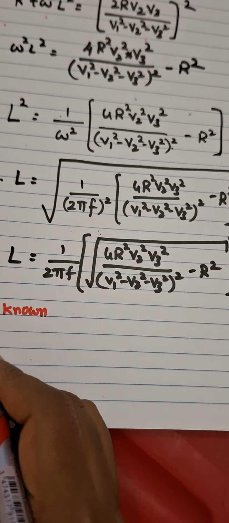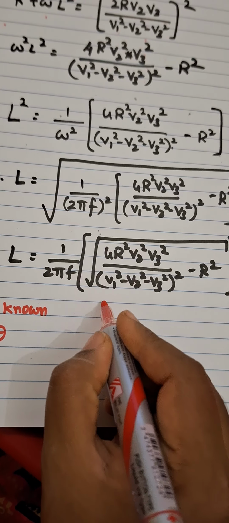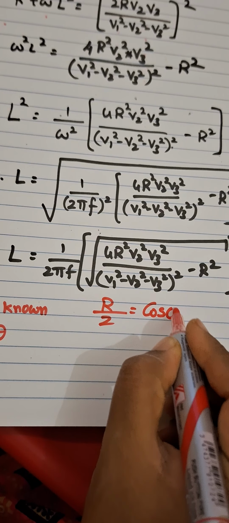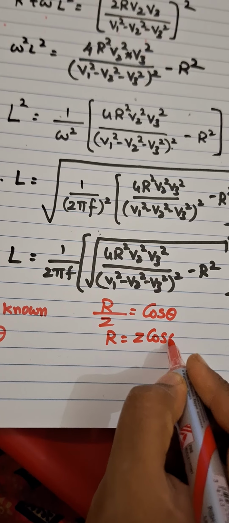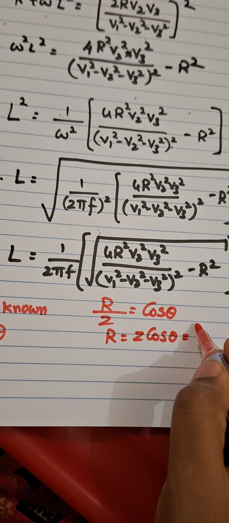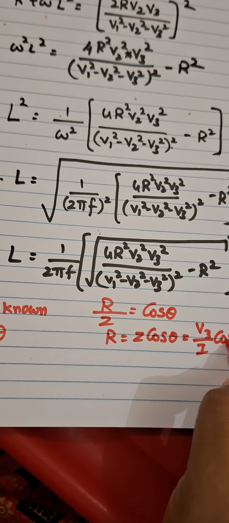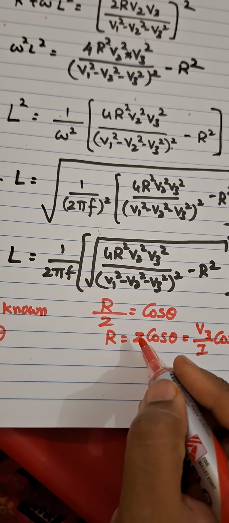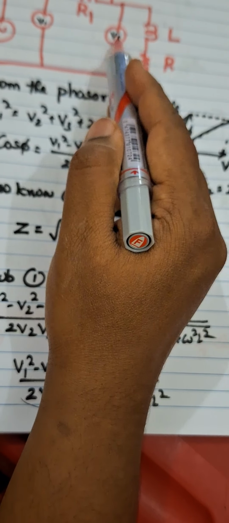And cos theta also can be determined from R by Z. So R by Z is equal to cos theta, means R is equal to Z cos theta. Z means impedance. Impedance means V3 by I, right?